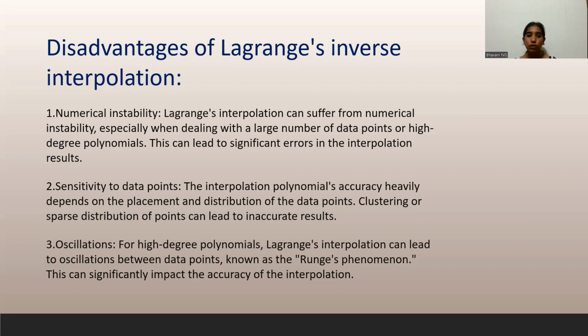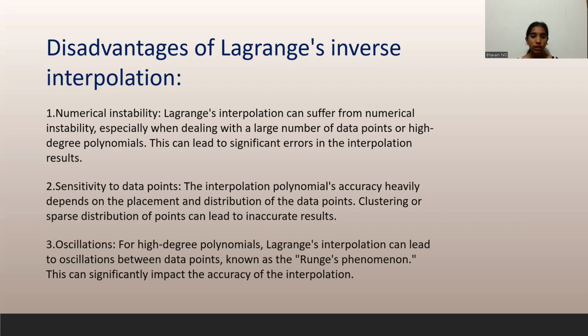This can lead to significant errors in the interpolation results. Sensitivity to data points. The interpolation polynomial's accuracy heavily depends on the placement and distribution of the data points. Poor distribution of data points can lead to inaccurate results.